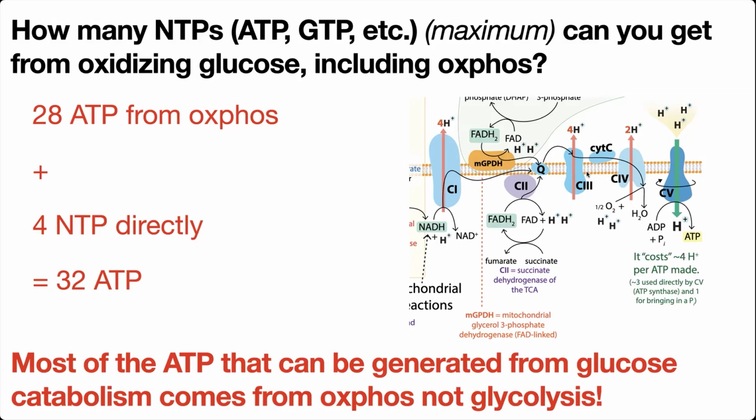And we saw that most of the ATP that was generated comes from the oxphos, not from glycolysis, which is why if you have mitochondria, a functioning electron transport chain, and oxygen, you're going to want to do that route in order to get the most energy as opposed to anaerobic glycolysis.